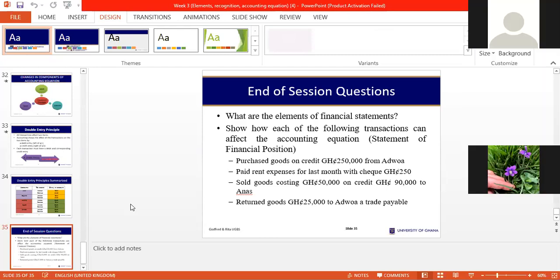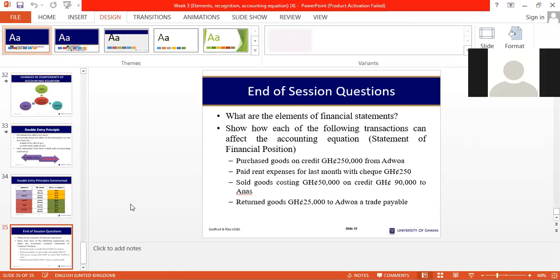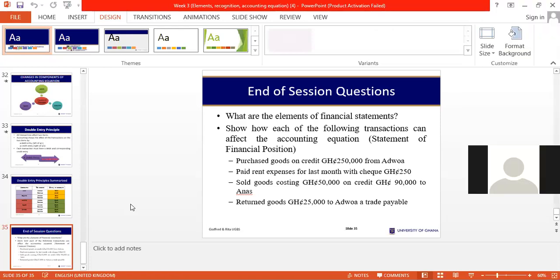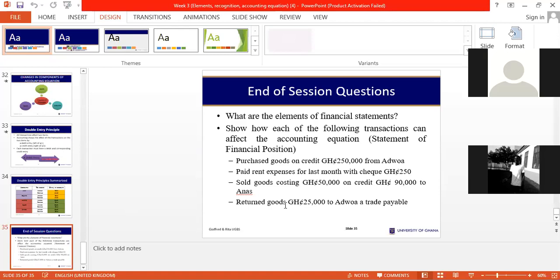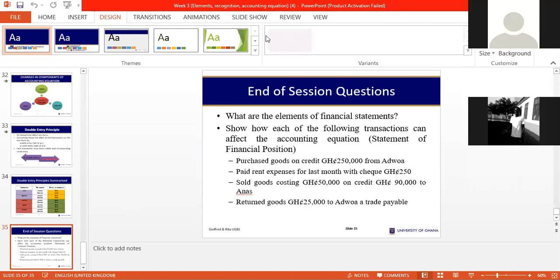Kinsley. Yes, Moses. Please cause a decrease in assets.